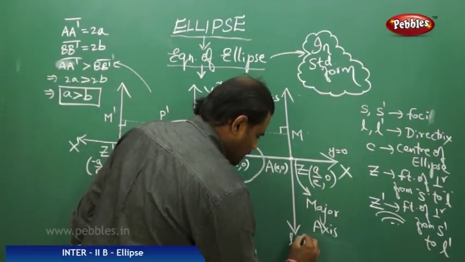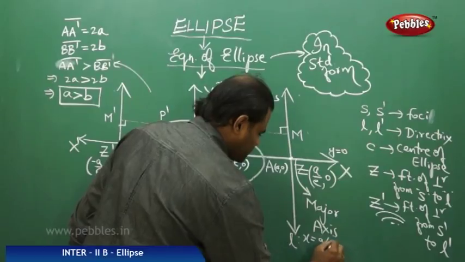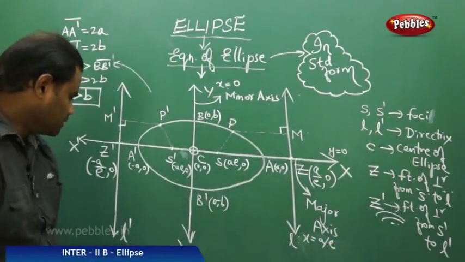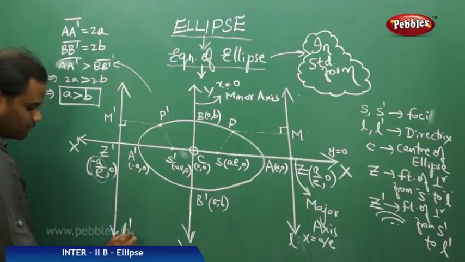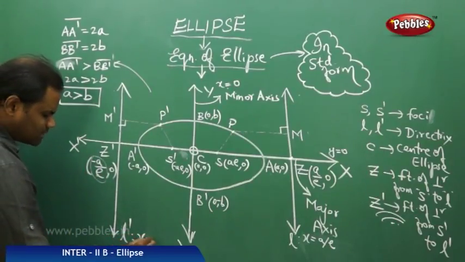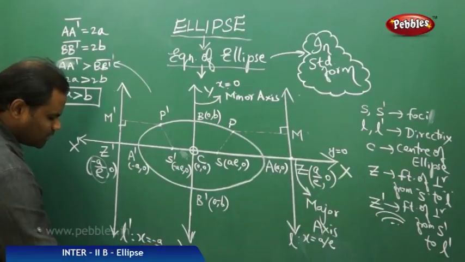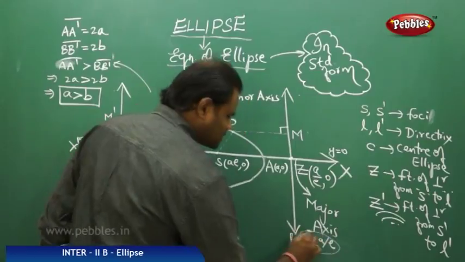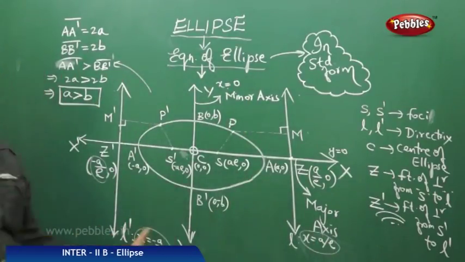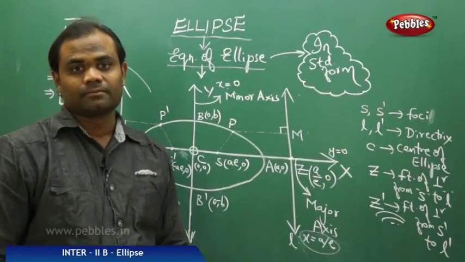This will be x equals a by e. And here the equation of L dash with x coordinate being minus a by e will have x equals minus a by e are the two equations of directrices as we have here with L and L dash.